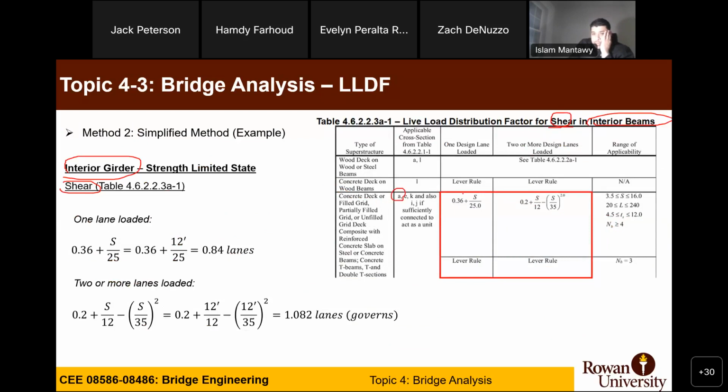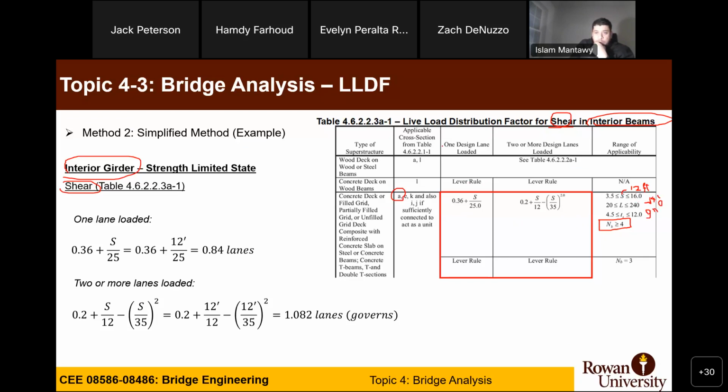How many girders do we have? 4 girders. The spacing was 12 feet, the span was 140, and TS was 9 inches, correct?